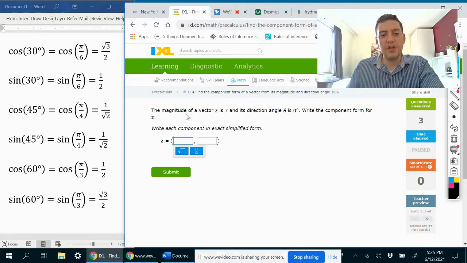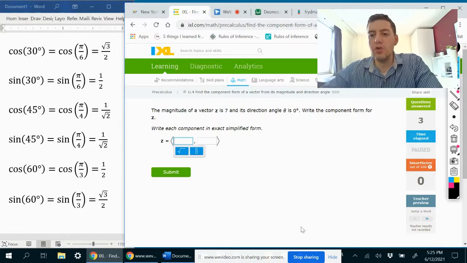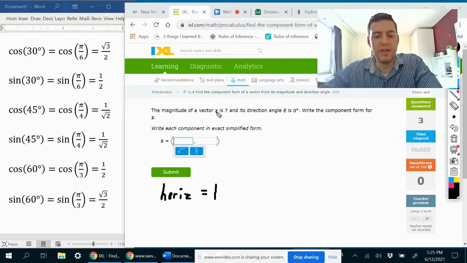The magnitude of a vector z is 7, and its direction angle theta is 0 degrees. Write the component form for z. So you might remember that to find the horizontal component of a vector, we would just do the magnitude of the vector, in this case the vector is called z, times the cosine of the angle theta.